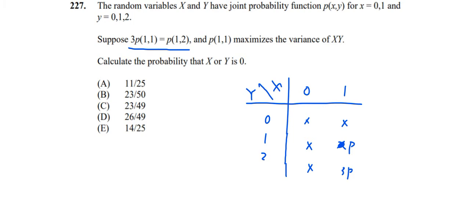Okay, so what is the condition for P? These are just numbers we don't know. So the only condition is this one: maximize the variance of XY. So that's the only condition.